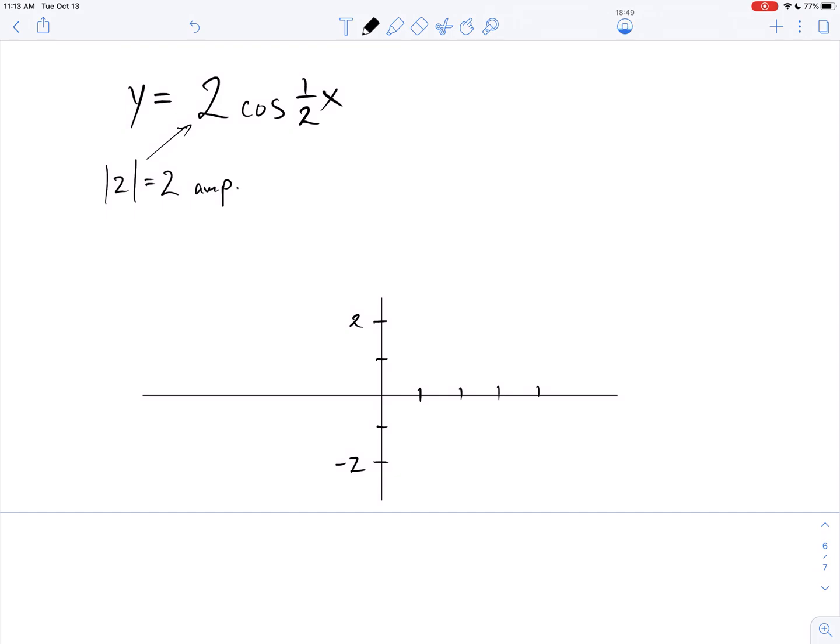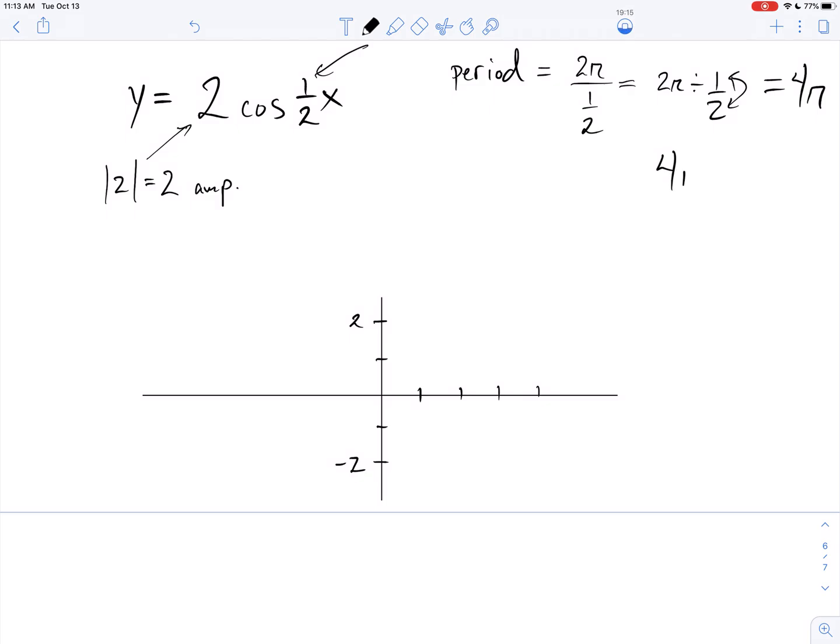I will. But you know what? This is not a 1 this time. So I'm going to have to do my period is based on 2 pi divided by b. Now, 2 pi divided by 1/2 is flip and multiply. Guess what? Your period here is 4 pi.